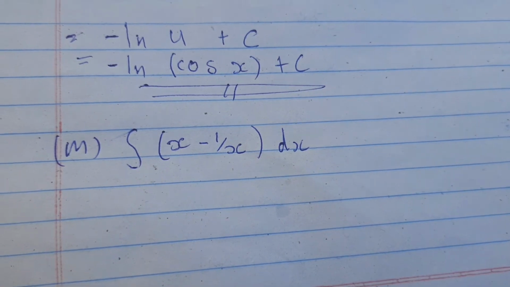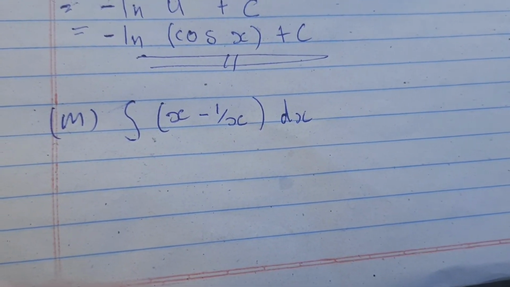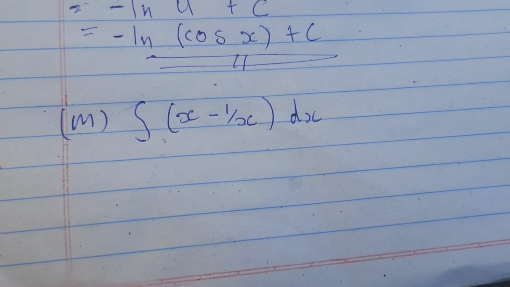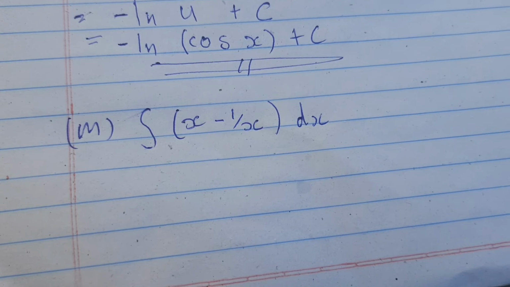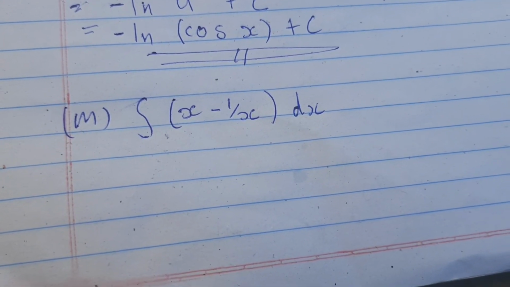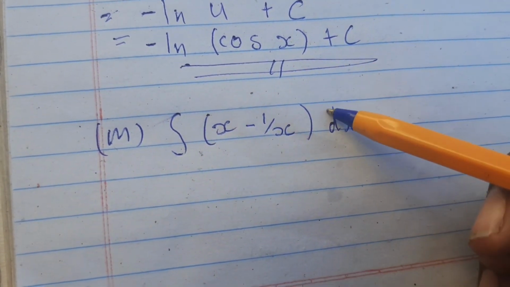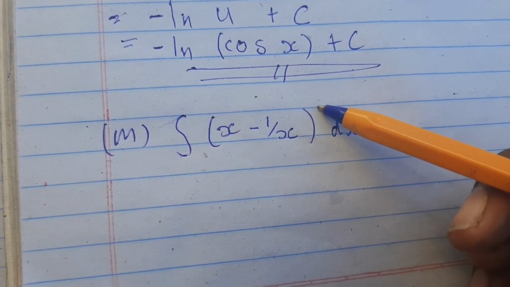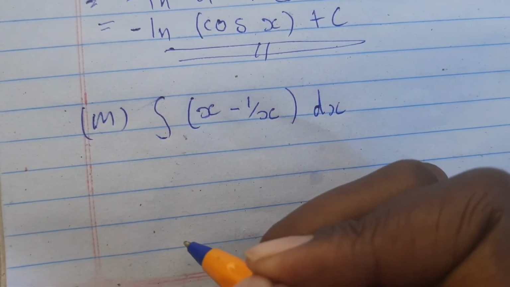Now we're going to answer M, which needs us to integrate x minus 1 over x. For this particular question, we're going to integrate in pieces, because we don't have anything to the power here, so it's just basically what's inside. So we're just going to integrate by parts.